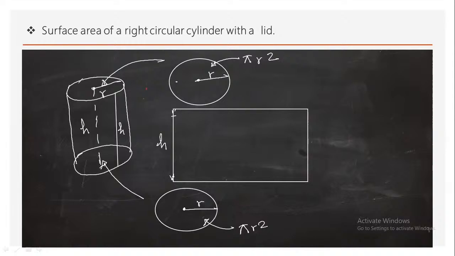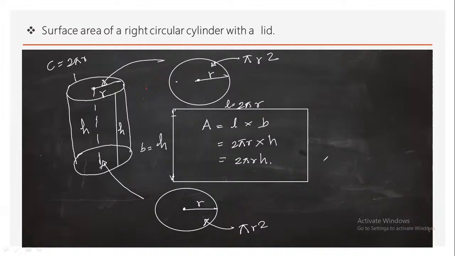The circular part gets opened, and around it is called the circumference. We can find the circumference of a circle by using 2 pi r. So when we open this, the curve gets opened like this, and this is the length of the rectangle. Totally two circular portions are there.